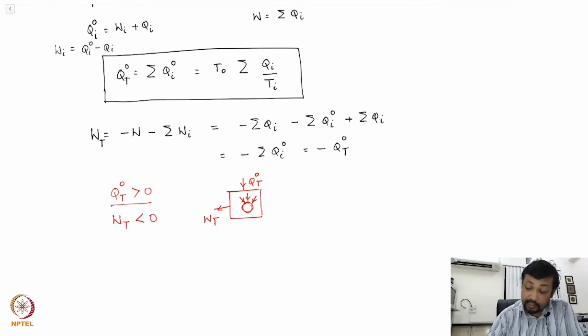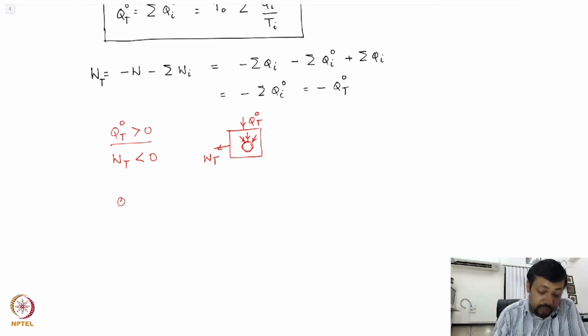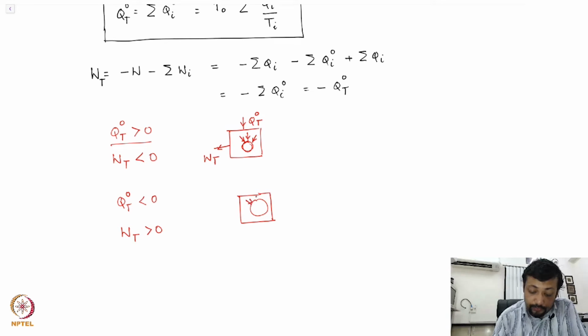But what about the other one? Let's look at the other one where Qt0 is negative, that means Wt is positive. Here of course the arrows get reversed, so Wt and then Qt.